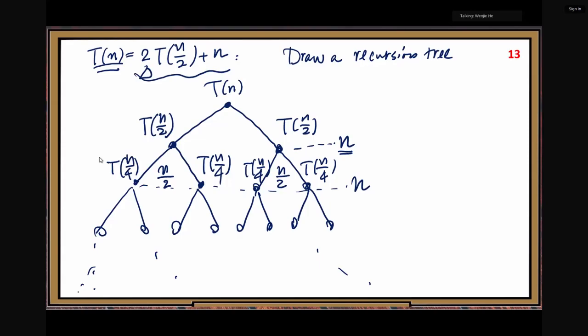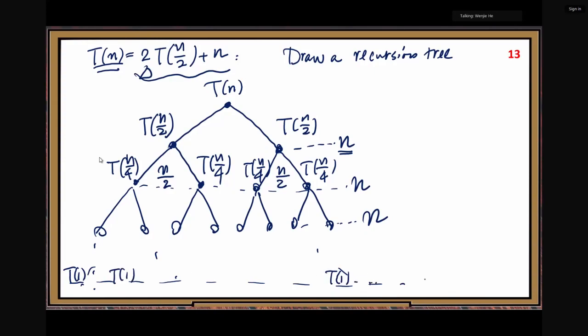Can you see each level, the total non-recursion cost is always n? But at the bottom, the end should be T of 1, so when you reach the bottom level, all T of 1, you stop.